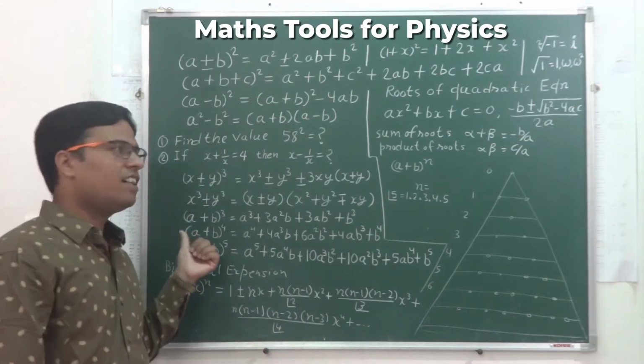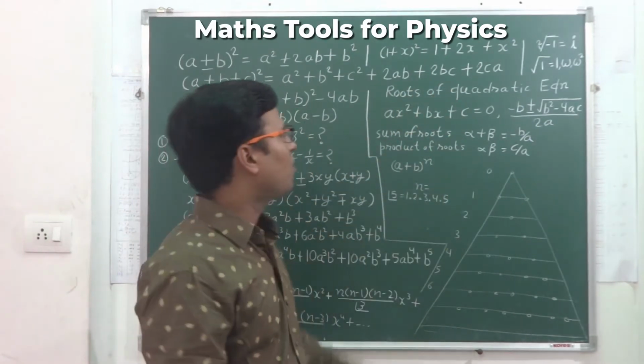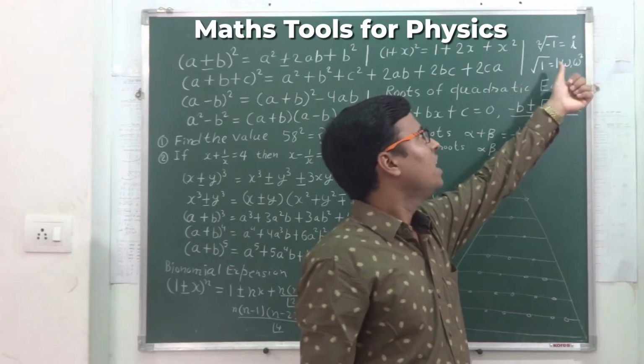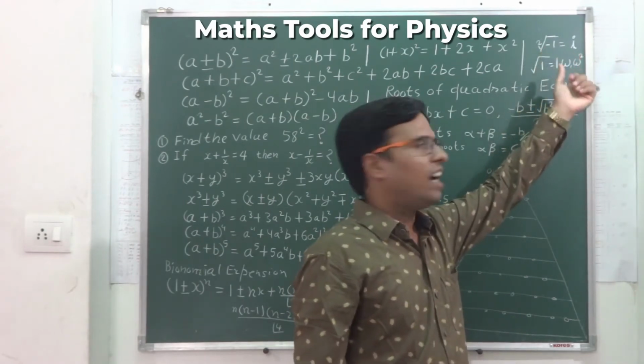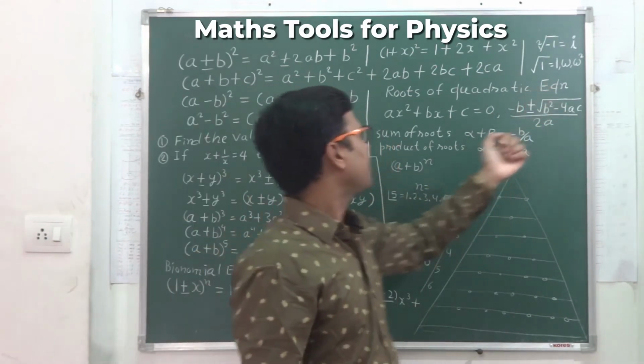Now, some formulas are there on the right side of the board. We will read about the imaginary numbers iota and omega after some time.